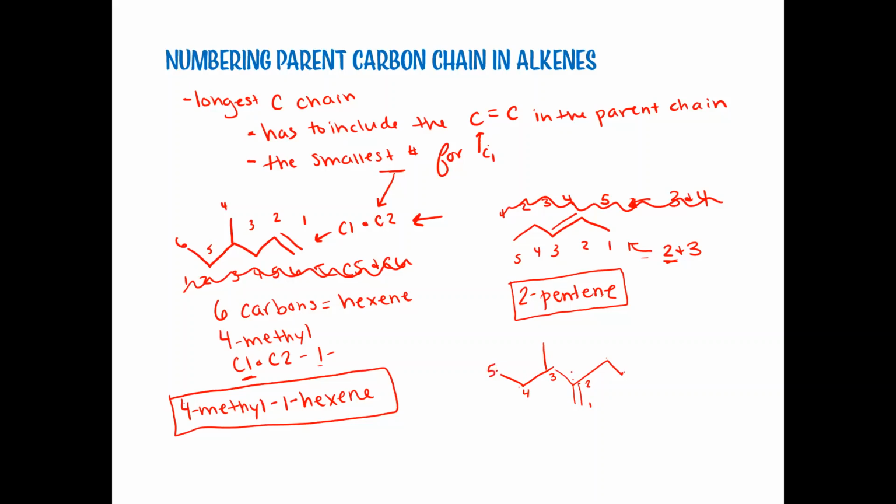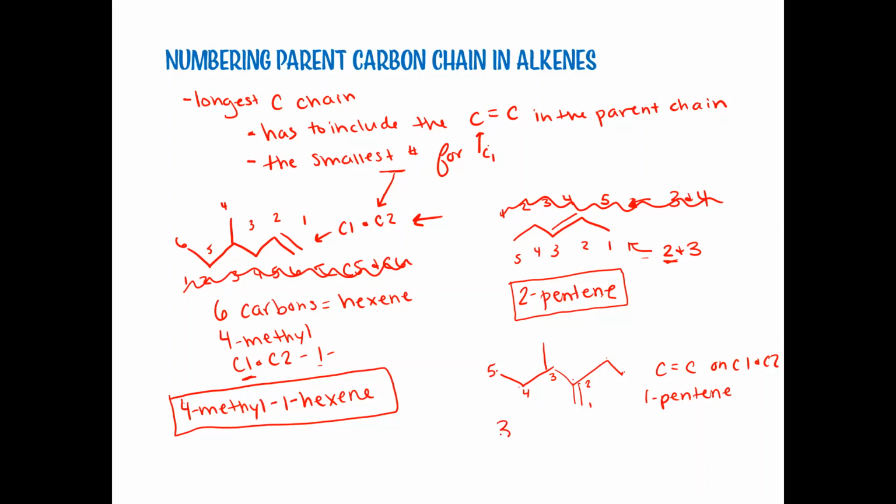Even though this is a 5-carbon chain and just straight across the zigzag is 6 carbons, and that's longer, we still need to have that carbon-carbon double bond in it. So that one wouldn't be correct. We have our double bond on C1 and C2, so that's as close as it can be. It's 5 carbons, so it would be 1-pentene.